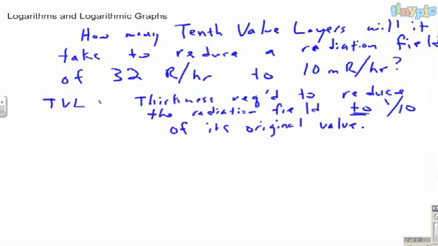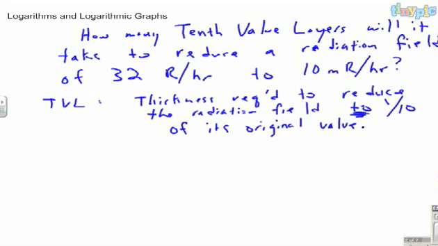Okay, here's where English gets important, folks. We're reducing it to 1/10, not reducing it by 1/10. We're reducing it to 1/10 of our normal value. So we're not going down to 90%, we're going down to 10% of its original value.